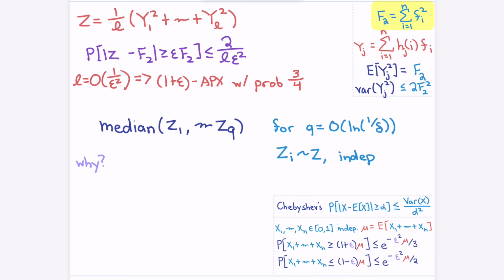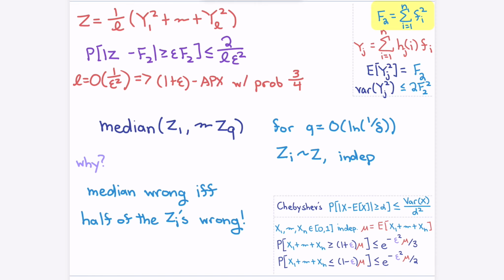Why is this going to get you probability of error polynomially small in n, or probability of error delta? Because the median is not biased. No, median is not necessarily unbiased. It's not an issue of bias. It's like for it to be wrong, at least half the terms have to be wrong.